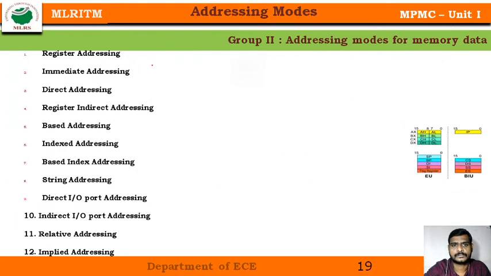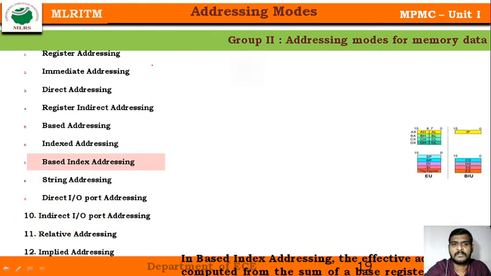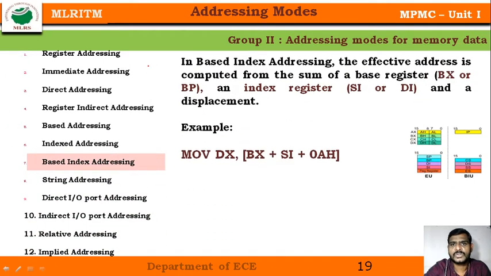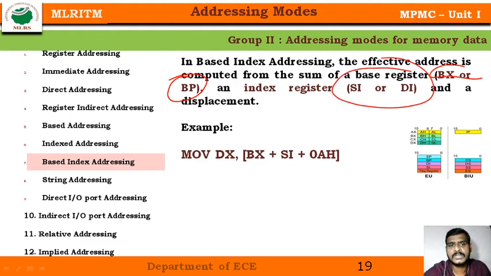Okay. Then we'll go for the based index addressing mode. In the based index addressing mode, the effective address is computed from the sum of the base register, which may be BX or BP, and the index register. In this addressing mode, I am using both base and index registers to calculate the physical address.